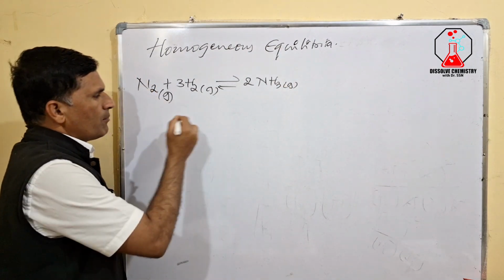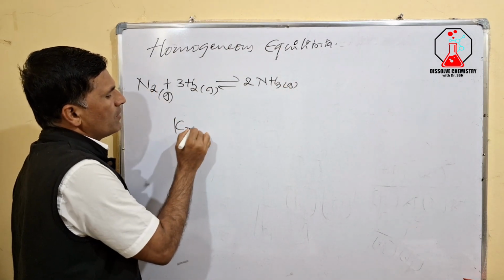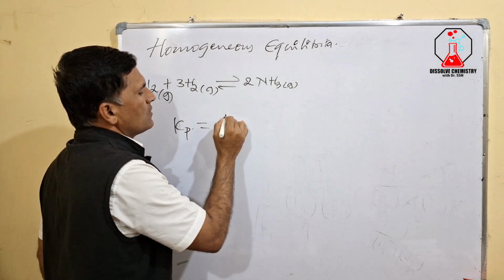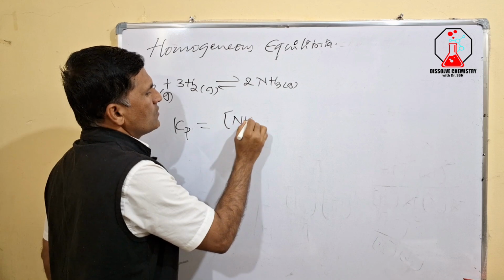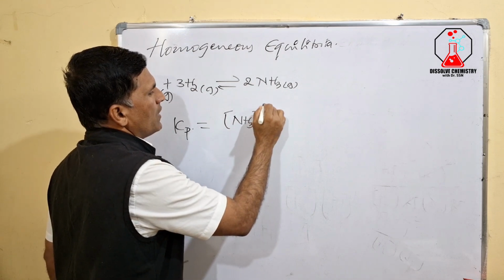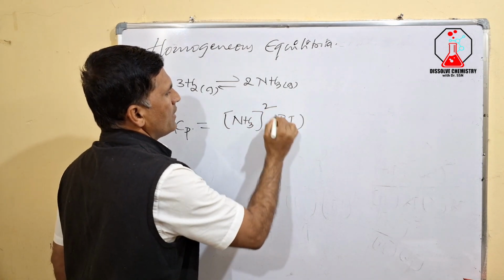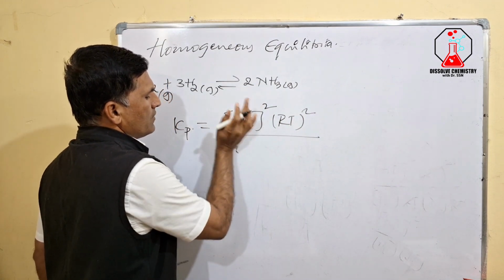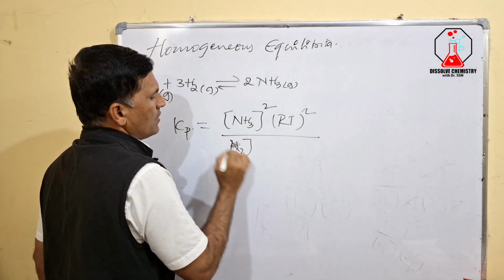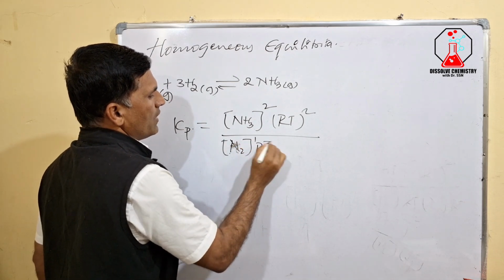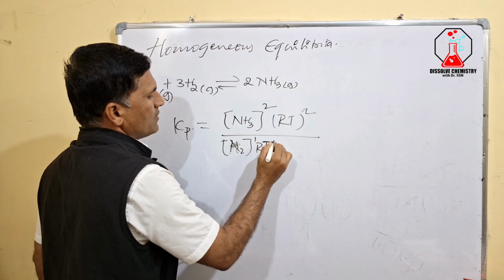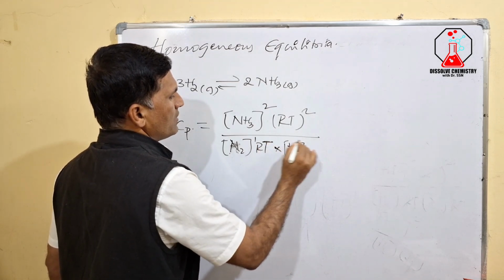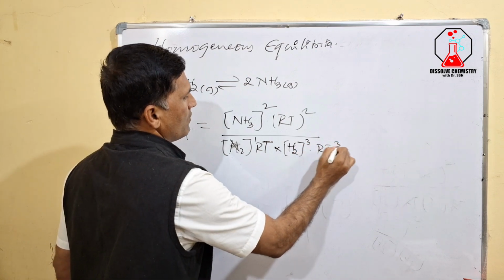When I apply the law of chemical equilibrium in terms of Kp, I directly write NH3 raised to the power 2 into RT raised to the power 2, divided by N2 raised to the power 1 into RT raised to the power 1, into H2 raised to the power 3 into RT raised to the power 3.